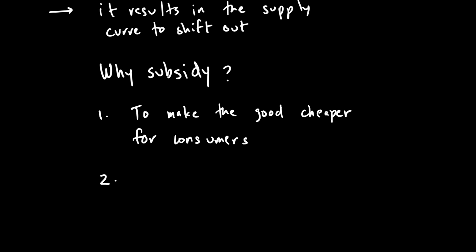The second reason why we want to give subsidy is basically simply to have more production of a good. So increase the production of some goods. What are these goods?